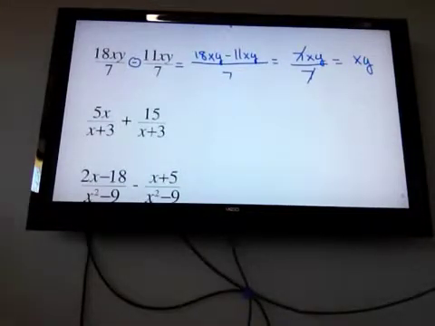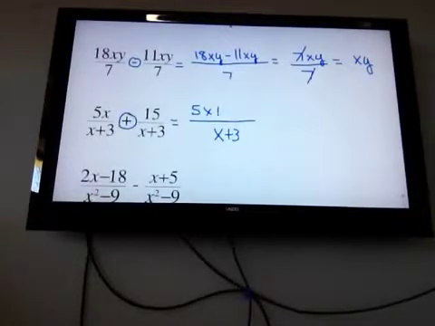All right, next example. Write it as a single fraction. 5x comes over, plus 15. And then my 3 steps in order: add, factor, reduce. So add. No, I can't add 5x plus 15 because one has an x and one doesn't. Factor.